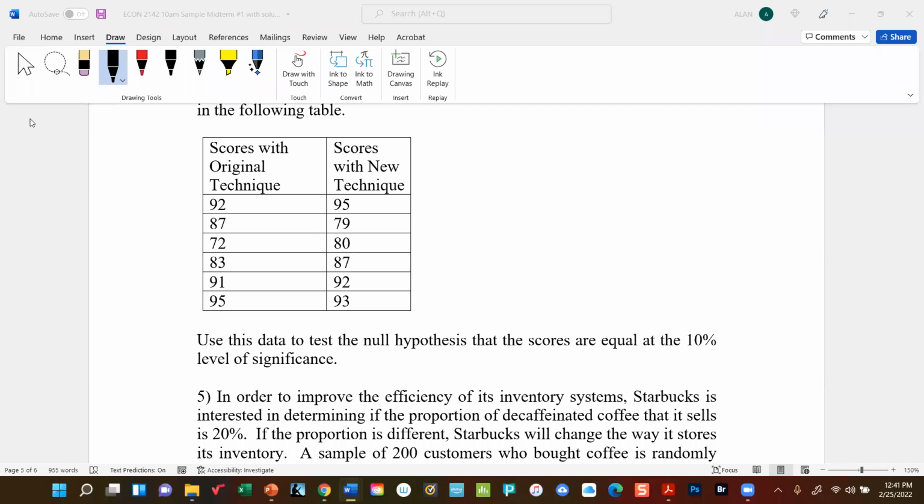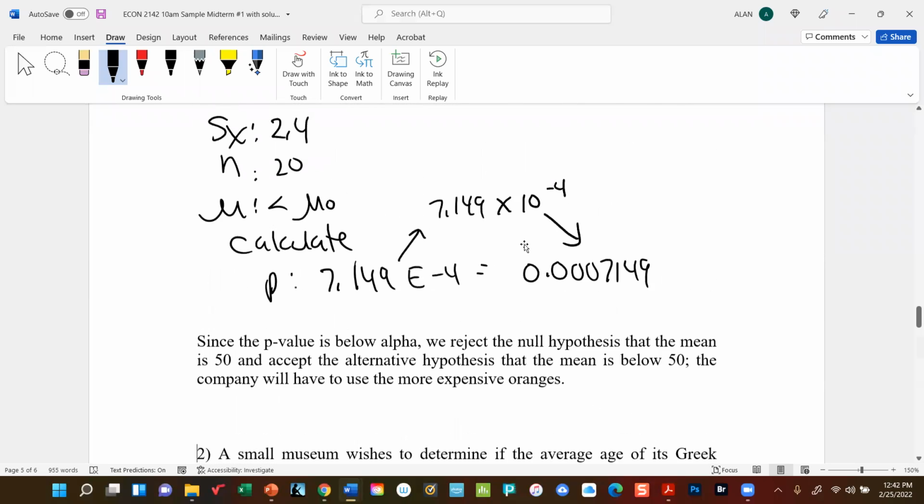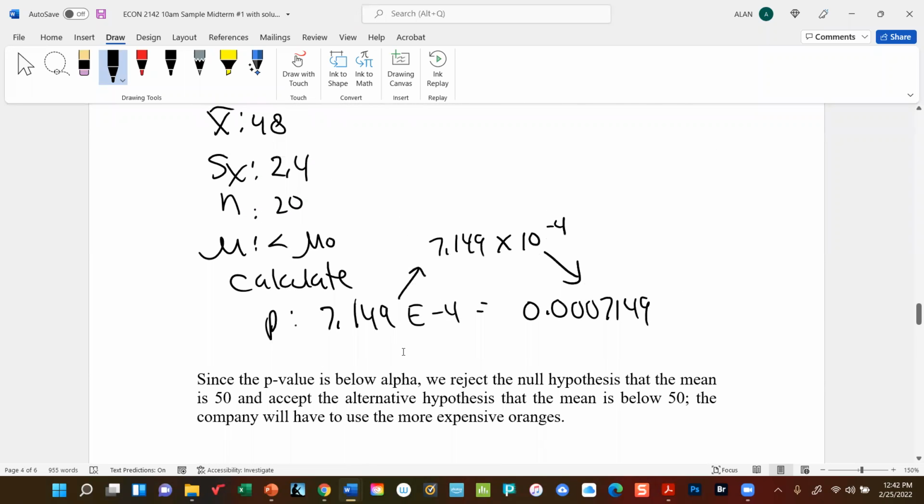Oh, Professor. Yes, go ahead. I have two questions. The p-value, it was like the 7.14. Why would we reject it there since that number is bigger than the test statistic? No, it isn't, because with the p-value, you're comparing it to alpha, not the test statistic. Oh, that makes a lot of sense. In other words, the p-value is less than alpha.